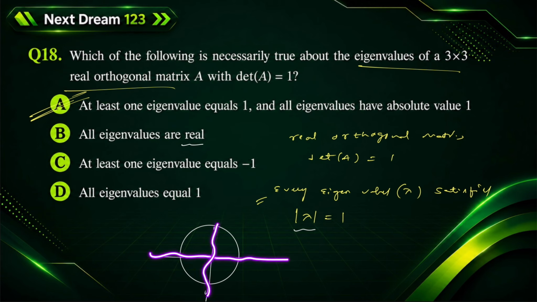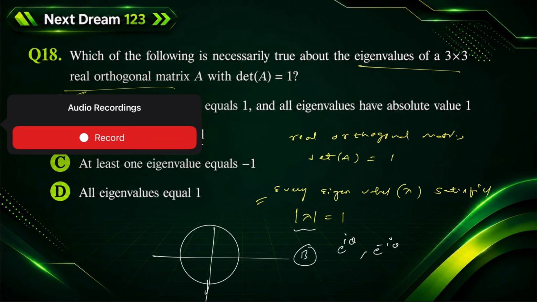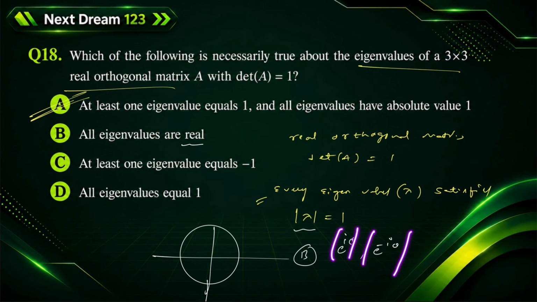Real values lie on this, but imagine, for example, two eigenvalues like e power of i theta and e power of minus i theta. These are the two eigenvalues, I am telling for option B. If you take the modulus, you get one only. But are these real? No, it is not a real value. That's why this B option is wrong.